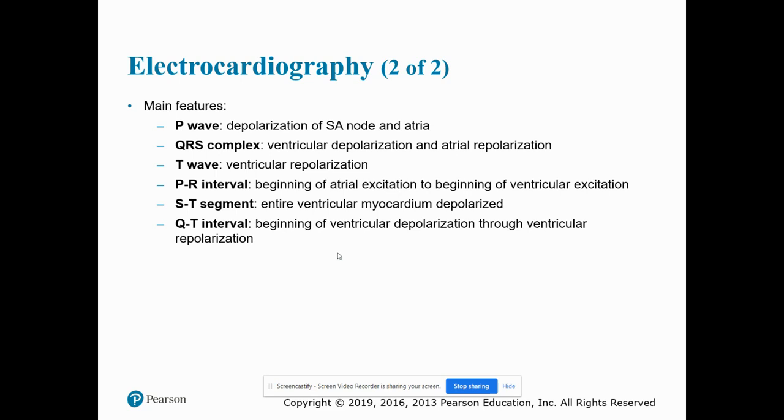And then we have the T wave, ventricular repolarization. PR interval, beginning of atrial excitation to beginning of ventricular excitation. And then the ST segment is the entire ventricular myocardium depolarized, and the QT interval is the beginning of ventricular depolarization through repolarization.